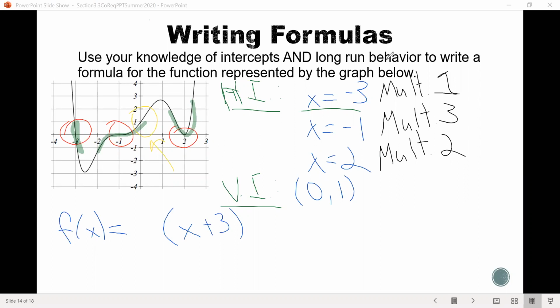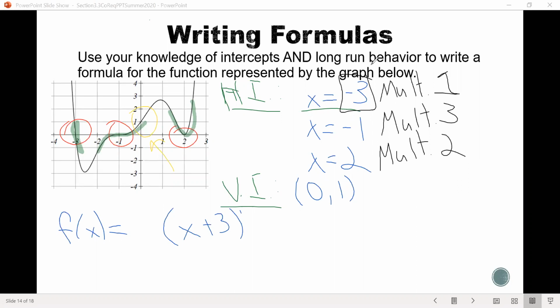Recall it's x plus 3 because if we plug -3 in there, that would make this term equal 0, which is what makes this a horizontal intercept. Also, the x equals -3 had a multiplicity of 1, so this is really x plus 3 to the first power, which we could just leave as x plus 3.